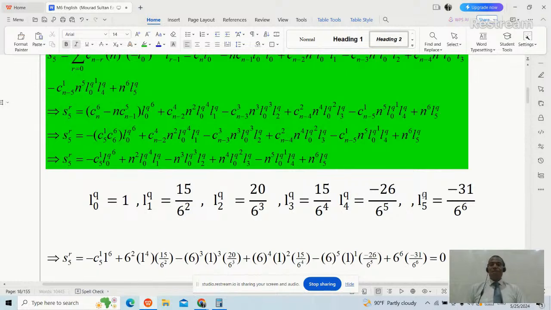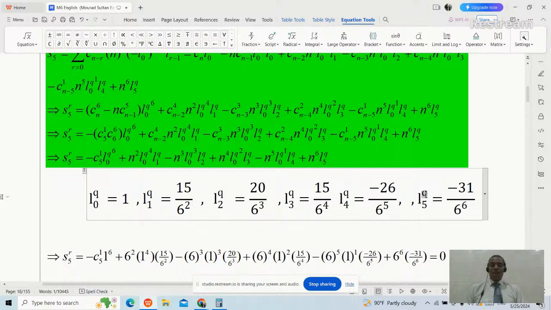There is a secret in the Q, learners. If Q varies, it means that you will get a new polynomial, raised to the new power, the new exponent.